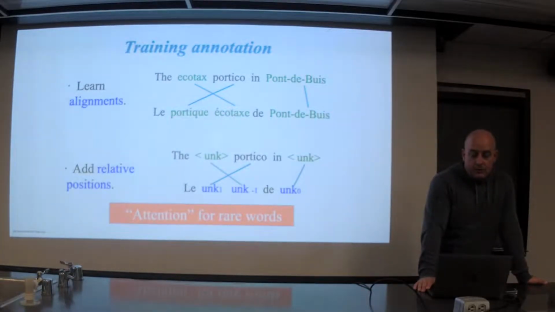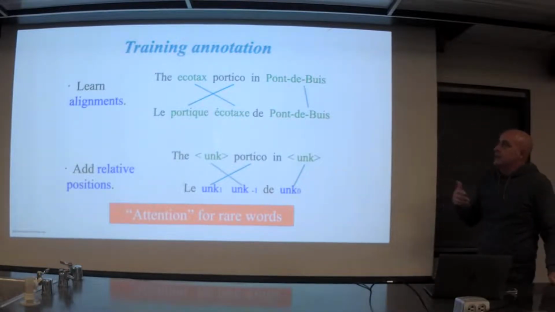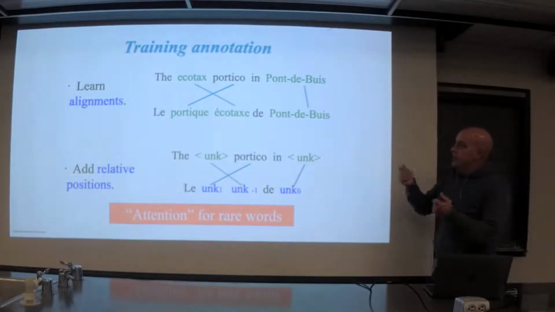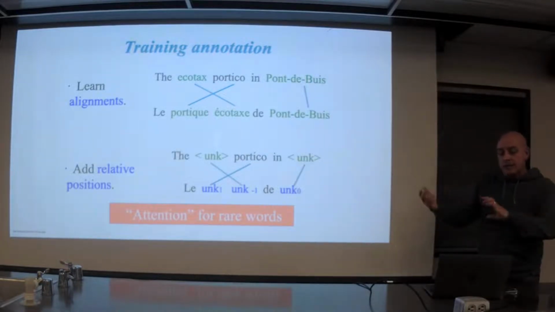Okay, so what do we try to do here? We do the translation as always, but we want to be able to learn something about alignments, about how words from one grammar get translated to another one.